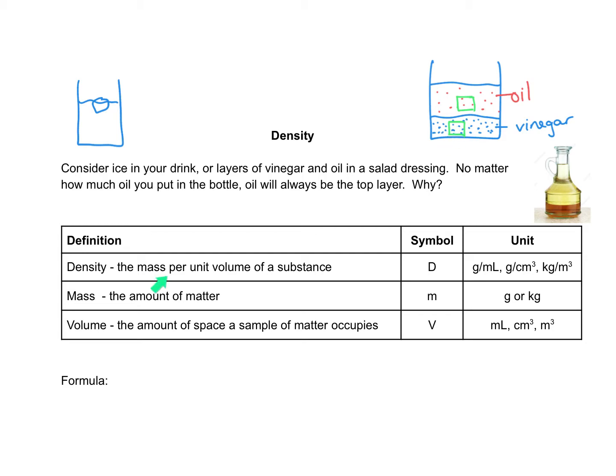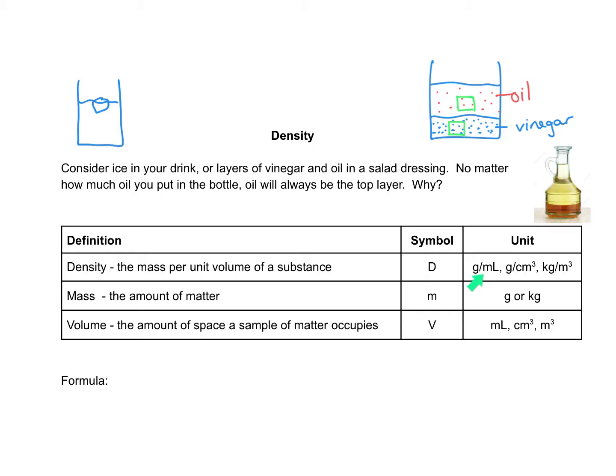So density really refers to the mass, right, the number of grams or kilograms that we have in a particular volume of a substance. So you're always going to find units with a ratio here, or a rate. Kind of like on the highway, you might see the speed limit, 100 kilometers per hour. Here we have a density in units of grams per milliliter.